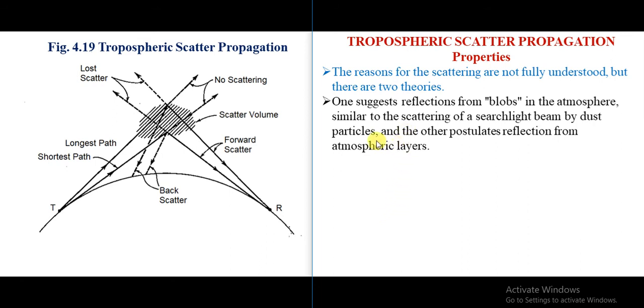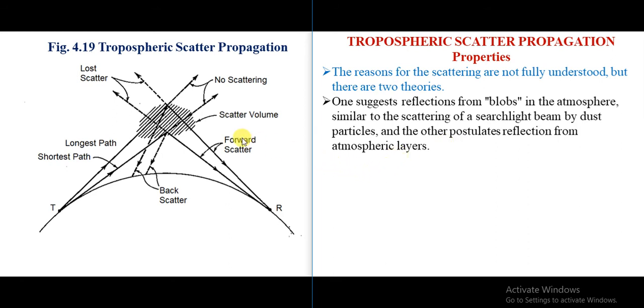One theory suggests that the reflection is taking place from blobs in the atmosphere. It is just like light being scattered by some scattering media such as dust particles, and some say that the reflection is taking place because of the atmospheric layers. So two reasons.